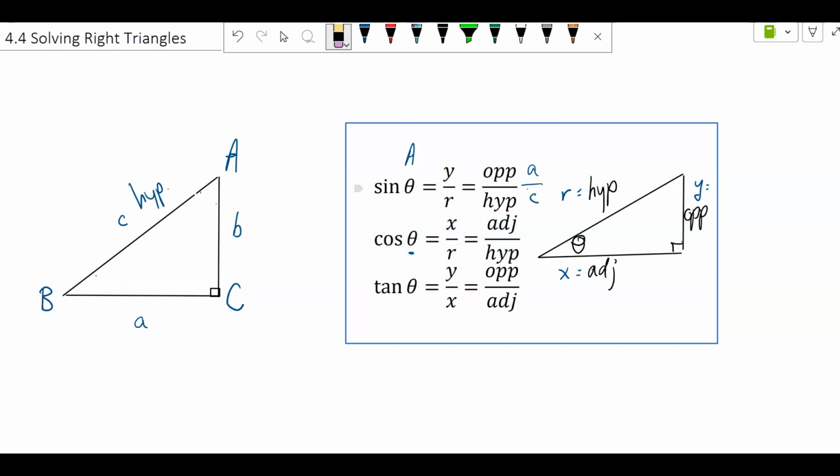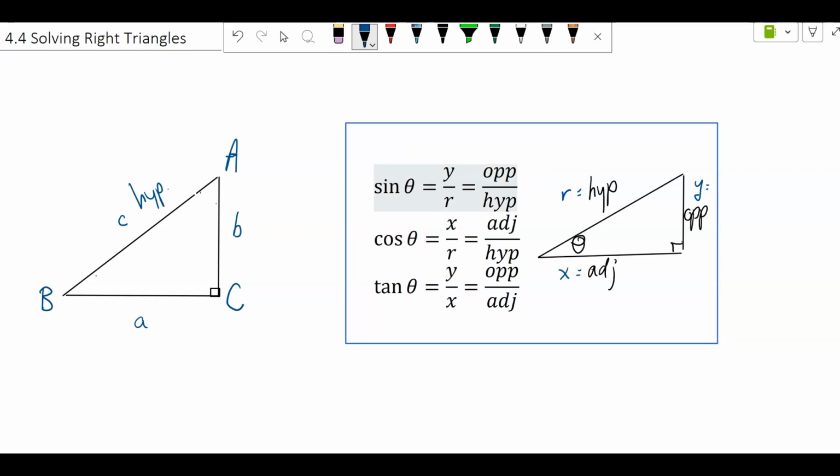But if the theta that I am referring to is B, then the side opposite B is little b, and the hypotenuse still remains as c. So opposite and adjacent flip when we are referring to either A or B.